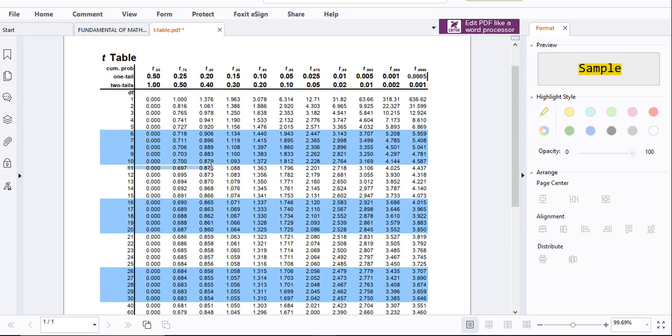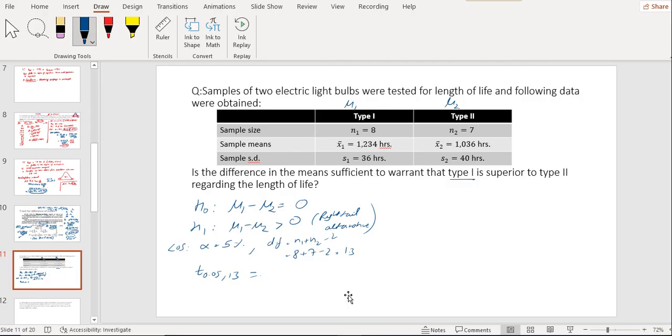One tail means the 5% level of significance, and its value comes out to be 1.796, not 11, sorry, basically 13. Its value is 1.771 because it's 13 degrees of freedom. 1.771, this is the tabulated value. Now we need to calculate the test statistic.